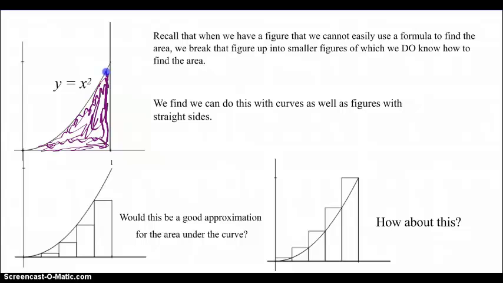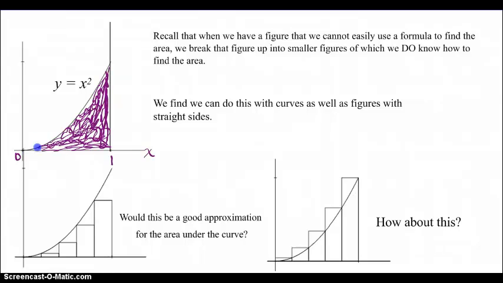This area I'm kind of attempting very poorly to shade in. And we want the area between the x values of 0 and 1, and we want it trapped under the curve and the horizontal x-axis. So let's say that this area is important to us and we want to find what that area is.